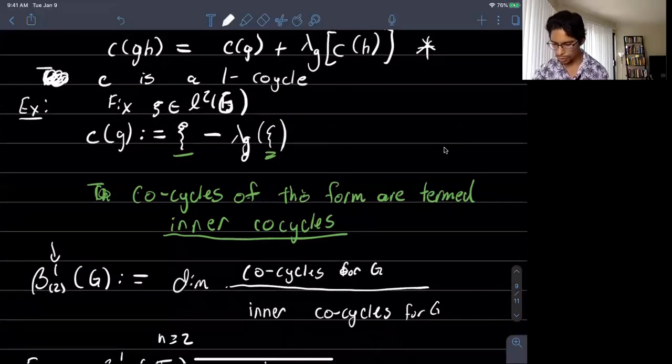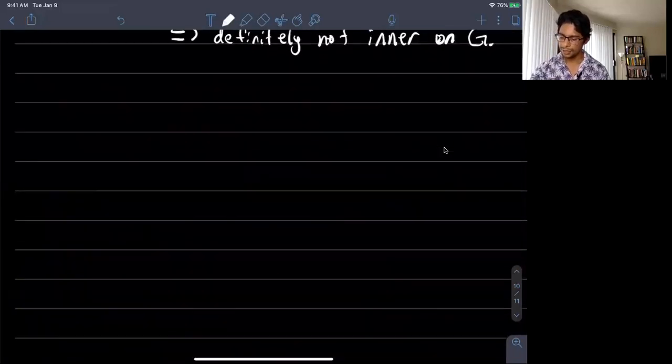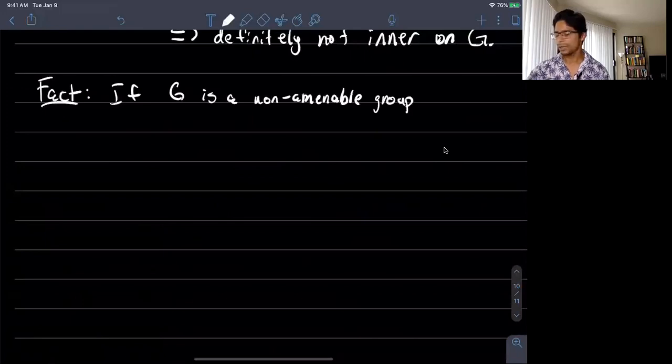So let me write a statement. Now that we have this sort of terminology, here's a fact. If G is a group, again, you can hold on to the free group. You can take certain free products of various groups. I'm going to brush that aside for now.